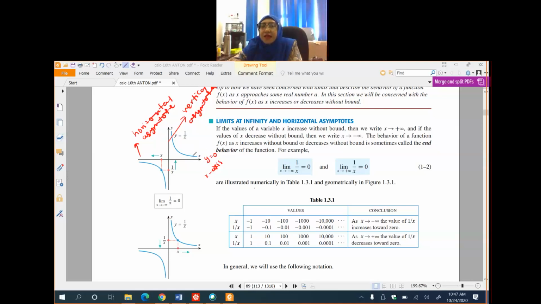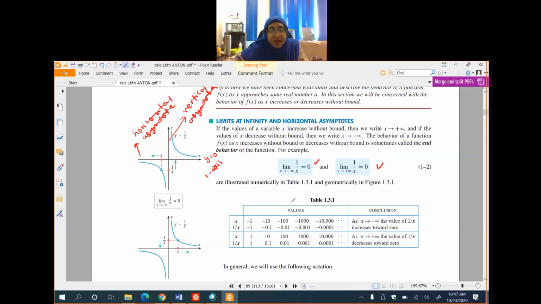It's also getting closer to 0, and it's not going to touch the line y equal to 0, but it's getting closer. So both of these statements indicate that it has a horizontal asymptote at y equal to 0.